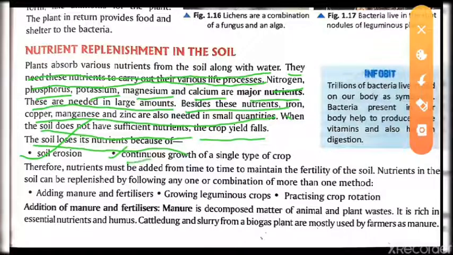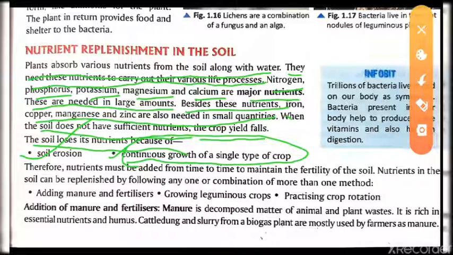Second thing, continuous growth of a single type of crop. If you are cultivating maize or any vegetables, and you continuously grow that type of vegetable, then that field will lose its fertility. Just like if you eat non-veg every day, the day comes when we get fed up and can't eat even that delicious food.